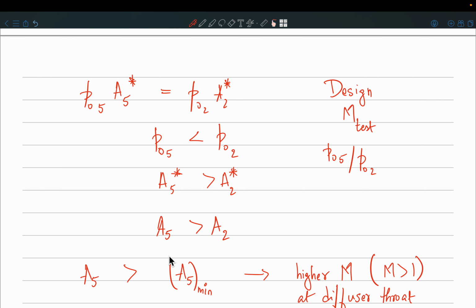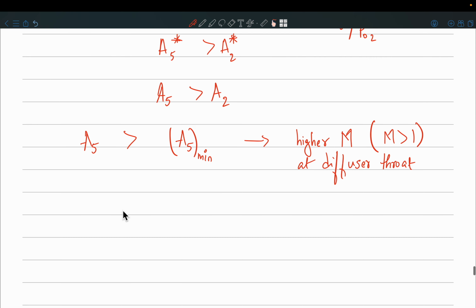So I calculated the A5 minimum that I need to satisfy this particular condition. So I know the A5 that I need. But what if I make a wind tunnel with A5 which is less than A5 minimum? What is going to happen? Any idea?